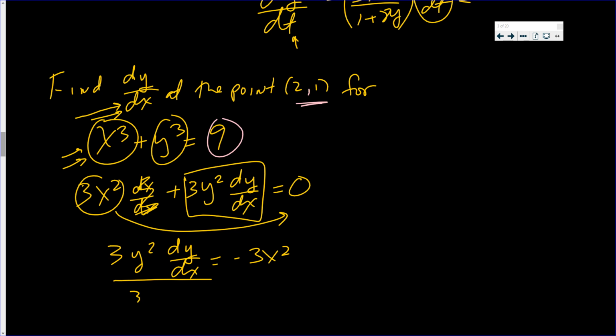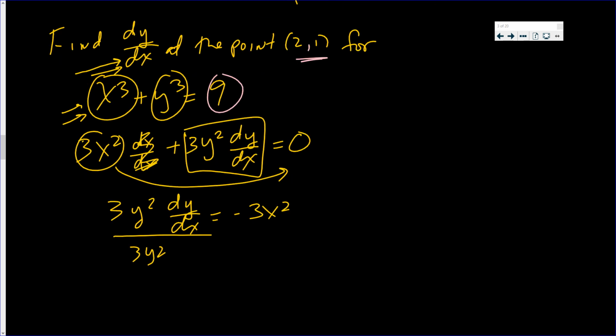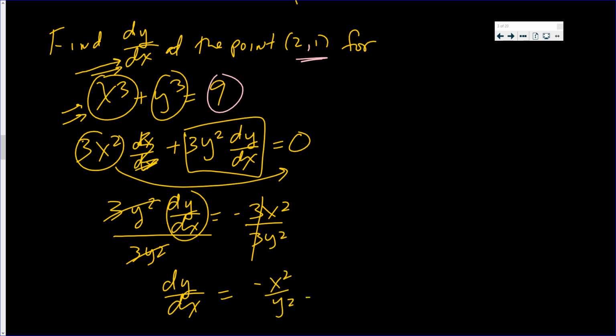We divide by how many dy dx's we have, namely 3y squared of them. And we just end up with dy dx, and this is equal to negative x squared over y squared.